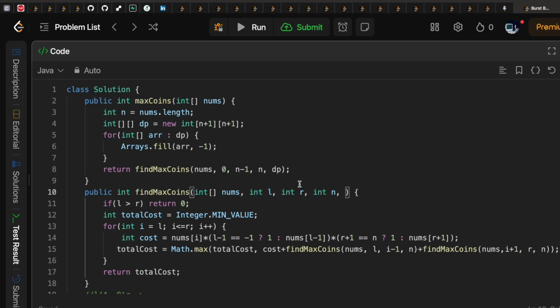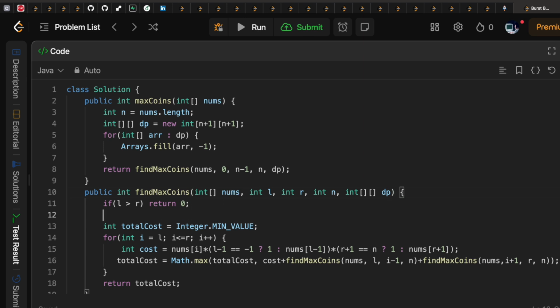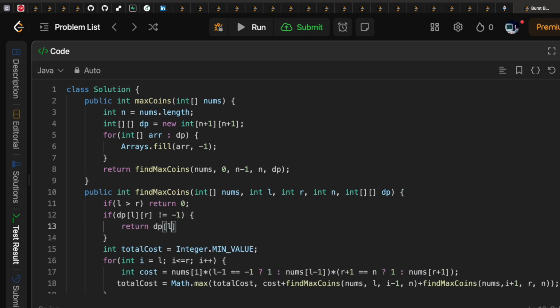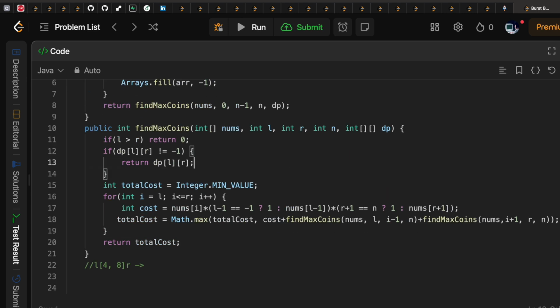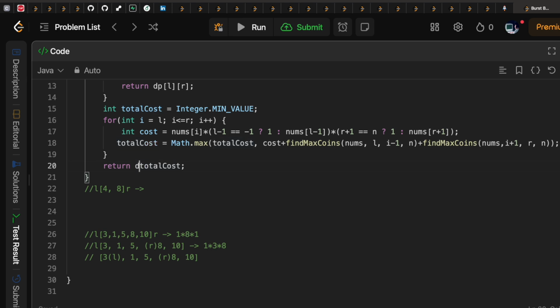We can create DP for these two variables. So we will check if we have already calculated this particular problem already. Otherwise we will store answer for this particular problem.